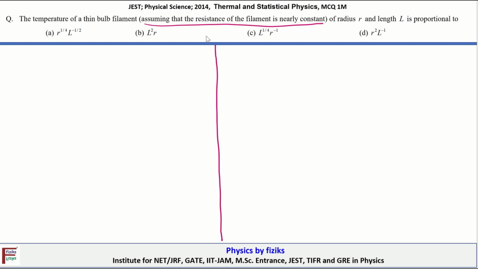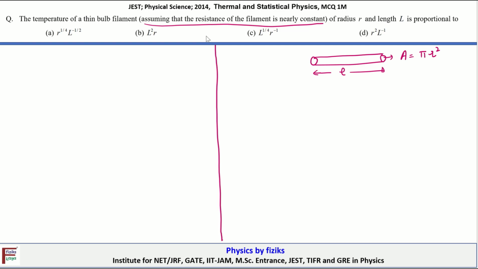So let's first try to understand on what factors the resistance of a wire depends. Let's assume L is the length of the filament, and the cross section area of this resistive wire is A, equal to pi r square, where r is the radius.